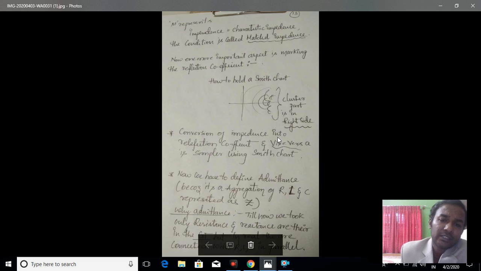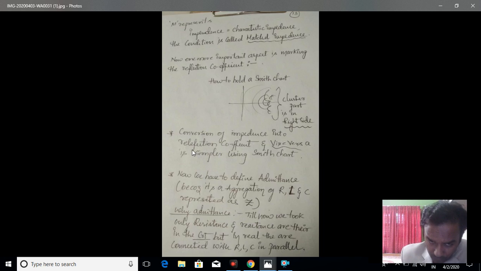Conversion of impedance into reflection coefficient and vice versa are simpler using the Smith chart. That is the beauty and the power of the Smith chart. Without much transformation analytics, we can directly convert the impedance into reflection coefficient and the reflection coefficient into the impedances.